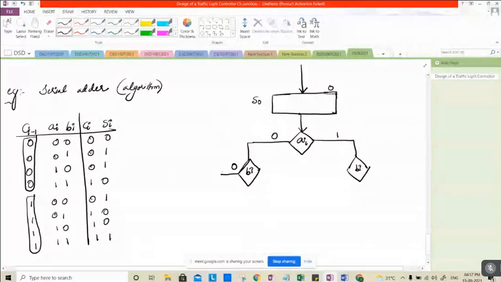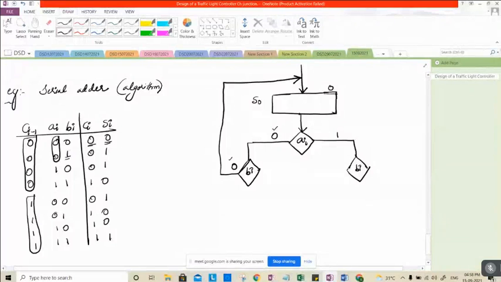Whenever AI is equal to 0, BI is equal to 0, and the state is S naught, what will be the next state and next output? S naught and 0. So the next state is the same, S naught. Output is equal to 0. This is what we are dealing with.